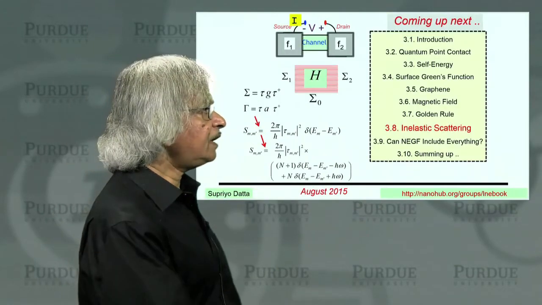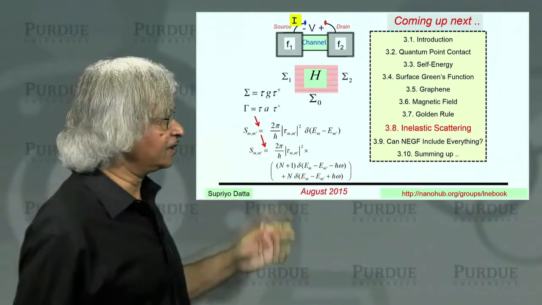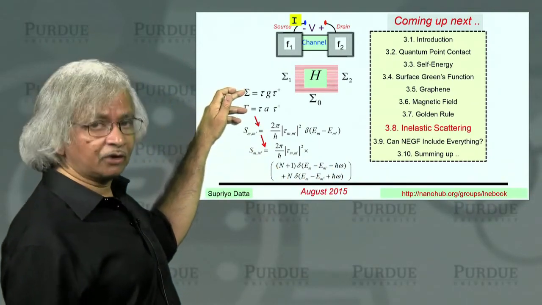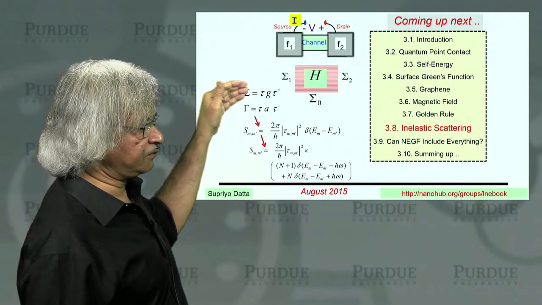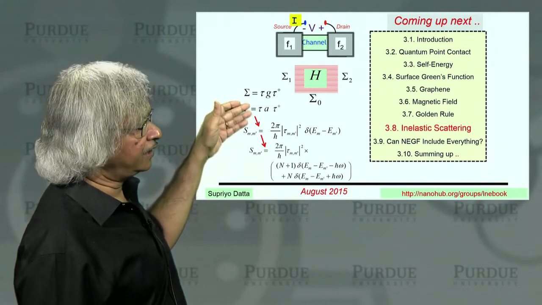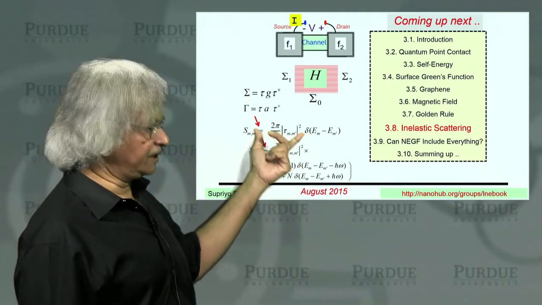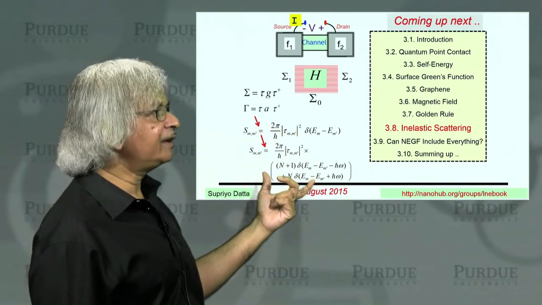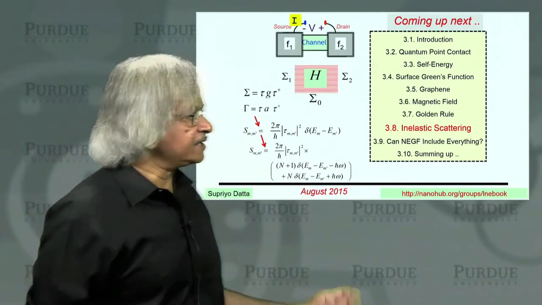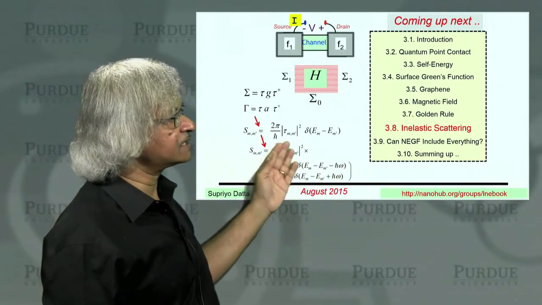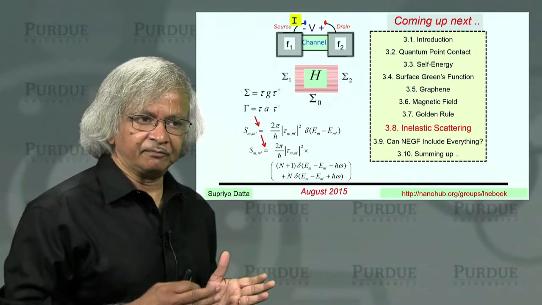Okay? So in closing, what we tried to do in this lecture then is start from results that we have been talking about in this unit in general, about this general expression for self-energy and broadening, and connected it up to the Fermi's golden rule for elastic processes and for inelastic processes. So what we'll do next in lecture 8 is talk about how these inelastic processes can be included into the general NEGF method.